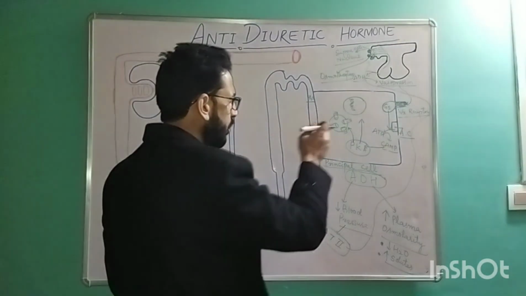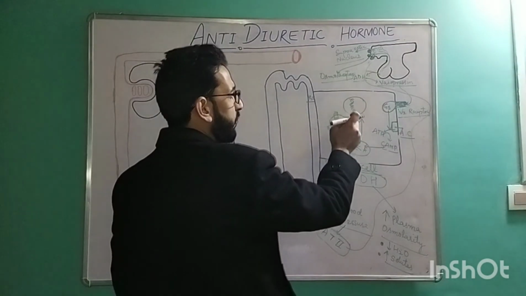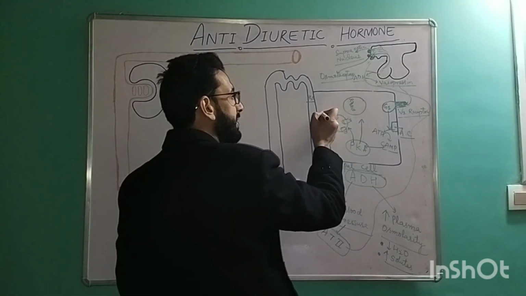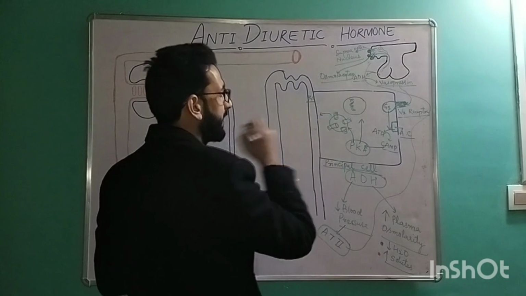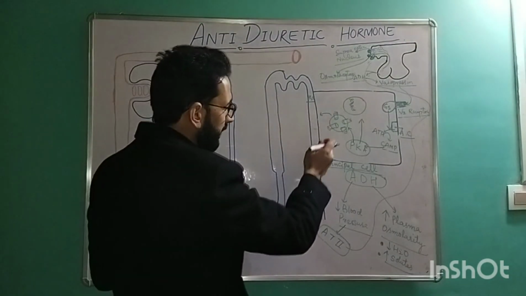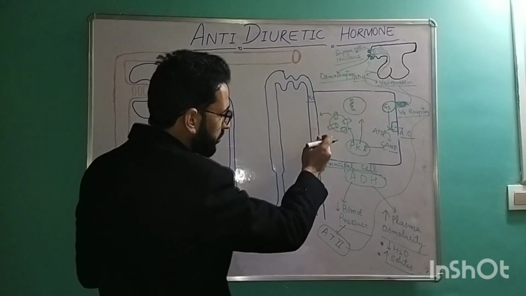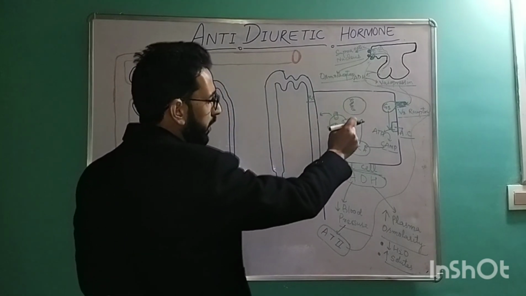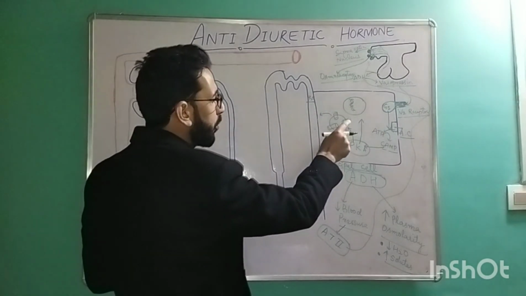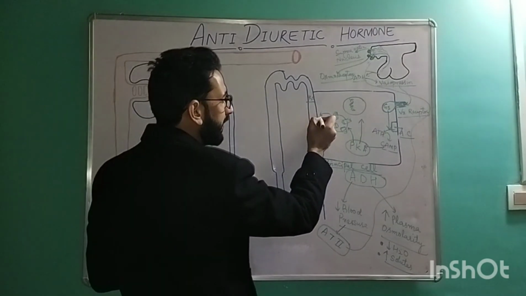Fine. So once this vesicle is formed inside the cell, now this vesicle is moving towards this membrane. Okay, now after reaching this membrane, this vesicle gets fused with this membrane. This vesicular membrane gets fused with this membrane, and these proteins are now here in this membrane.